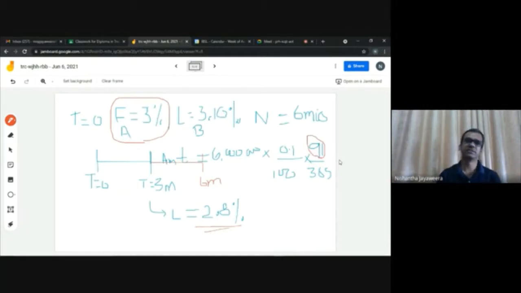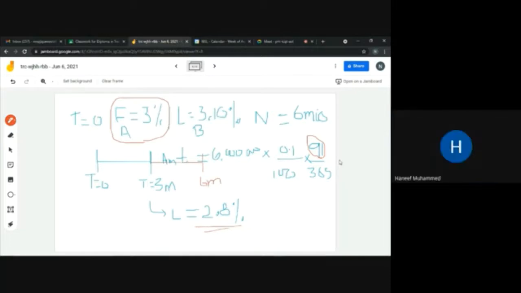This is sterling that happens. Otherwise, you can take it as 90 over 360. That's how the interest rate swap works. Is it clear?